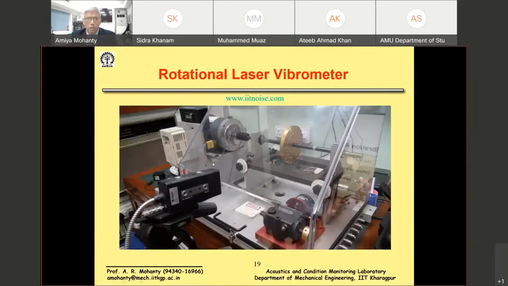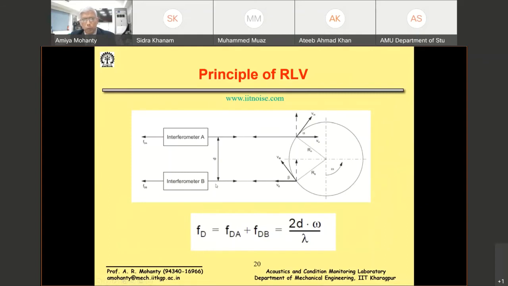And the Doppler shift between these two beams can be measured through the optics of a rotational laser vibrometer. This is actually the head, okay, where two laser beams come out like this, and this is my rotating shaft. I can measure 1/20,000th of an RPM of this shaft. And it can measure fluctuation in the rotational speed.